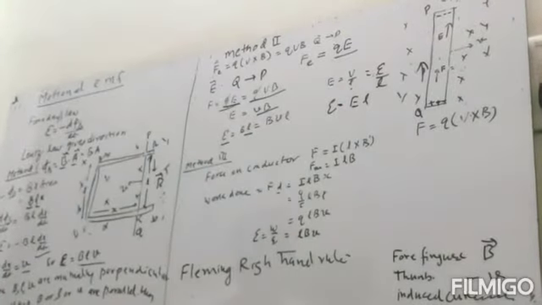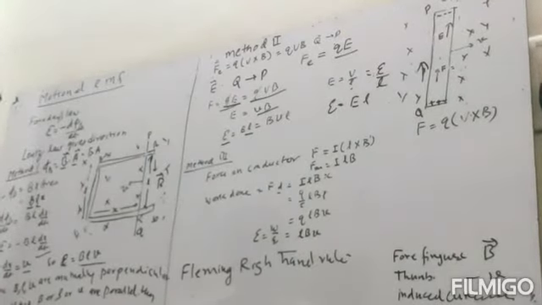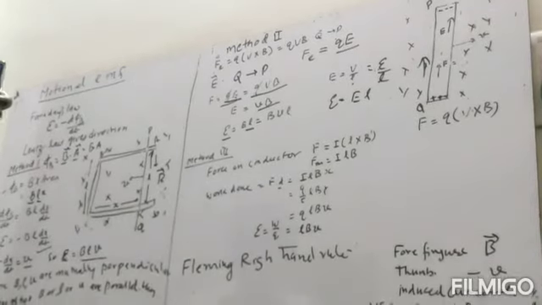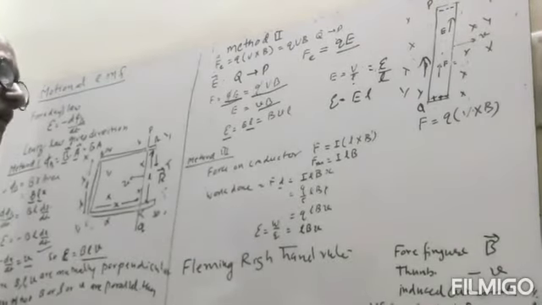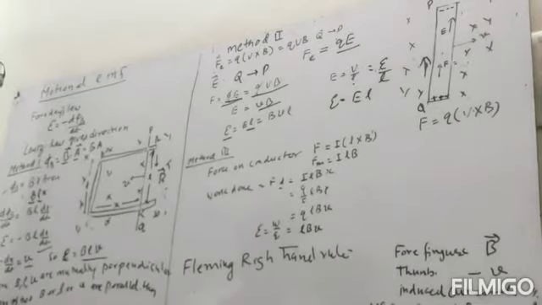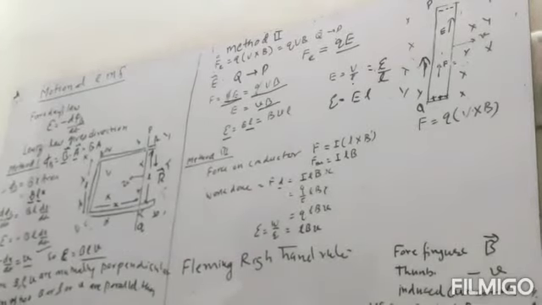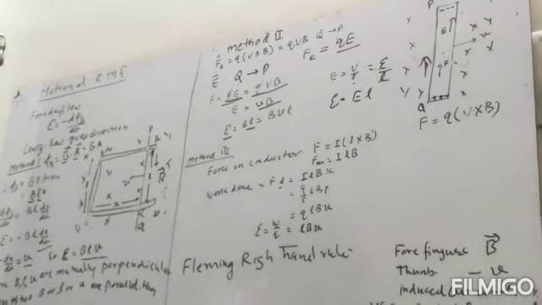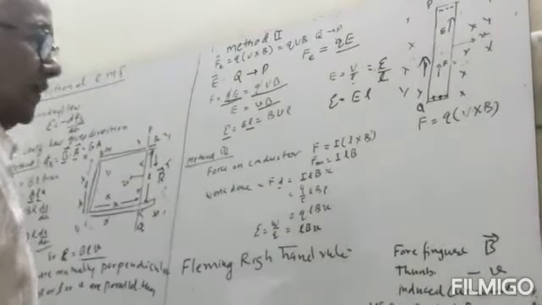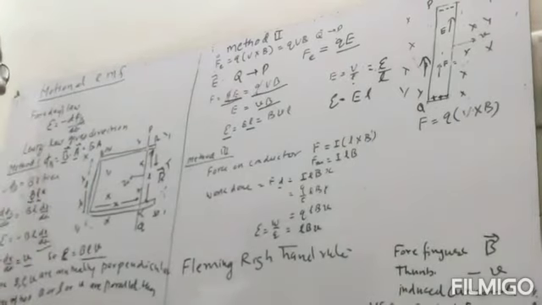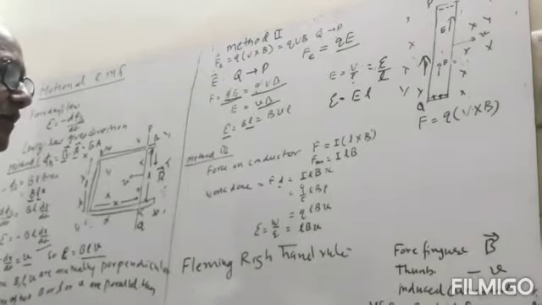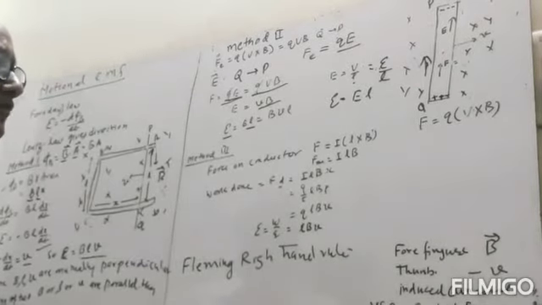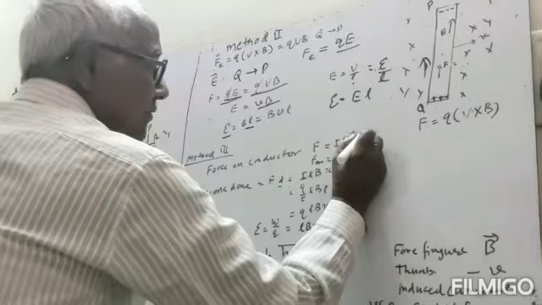Now we can find the motional EMF by the third method. In the third method, if we have a conductor placed in the magnetic field, then the force on the conductor will be, if I is the current passing through it, L is the length and B is the magnetic field, F equals I into L cross B. L is a vector, B is a vector.